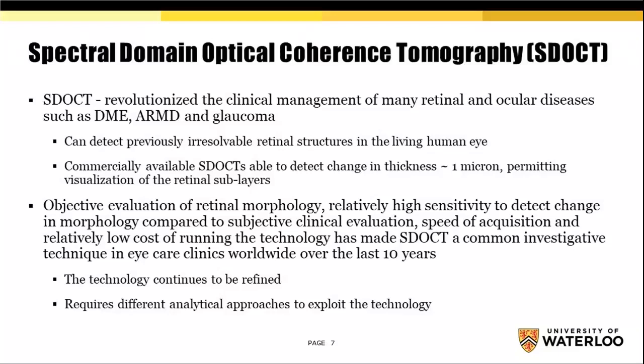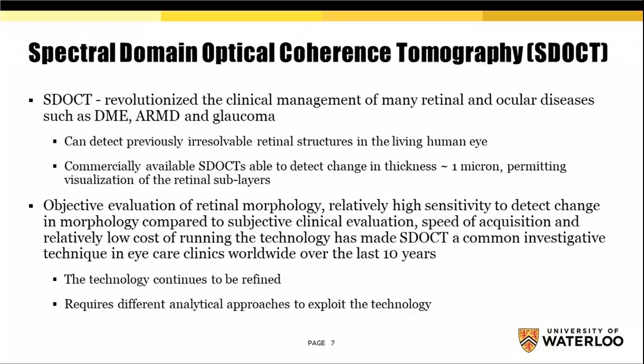With this technique, we can actually detect previously irresolvable retinal structures in the human eye. Commercial SDOCTs are now able to detect change in thickness at the level of 1 micron, permitting visualization of the retinal sublayers.